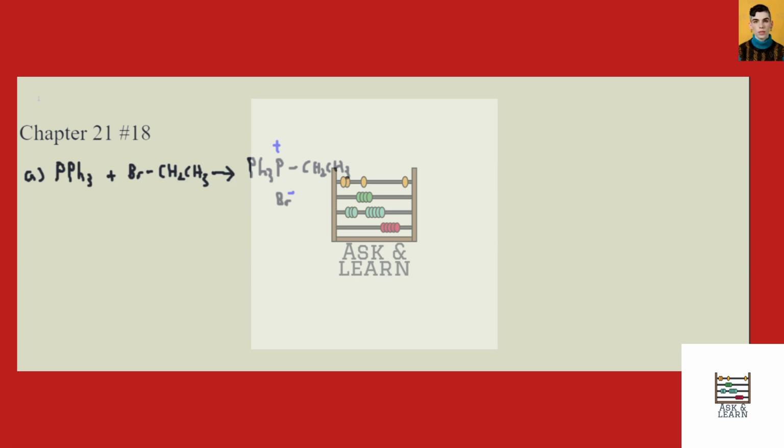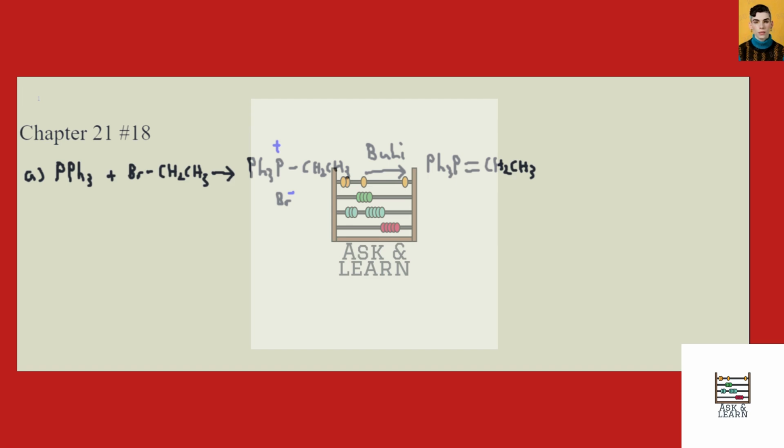And so we just treat that with butyllithium. So BuLi, and that's going to get us to our Wittig. So there we go. There's our Wittig reagent for the first part of the problem, for A.